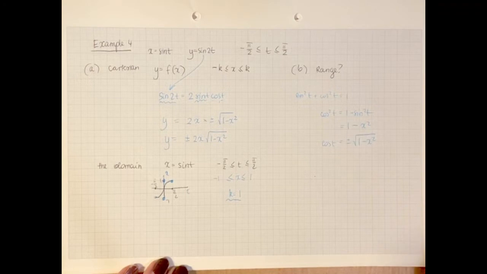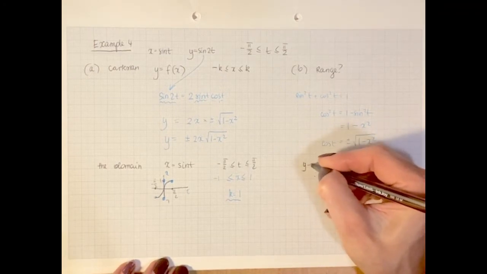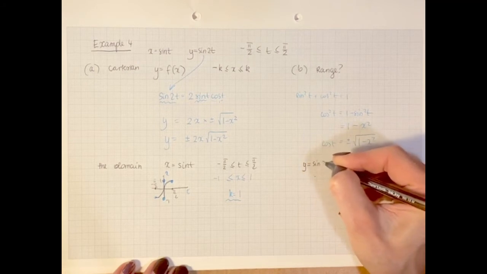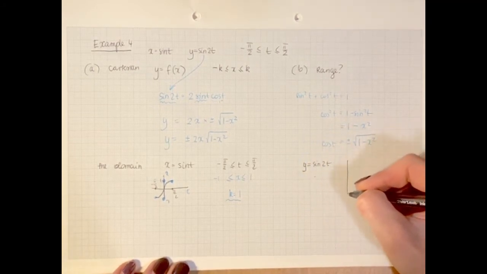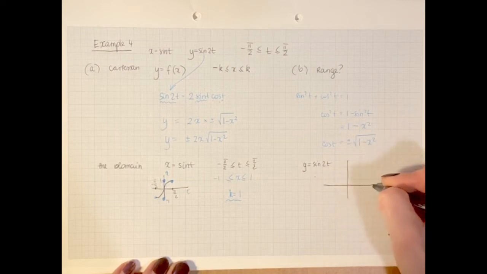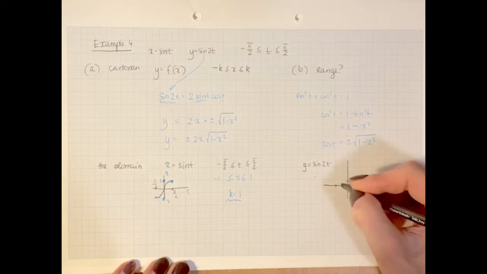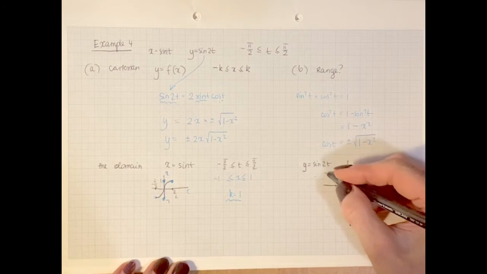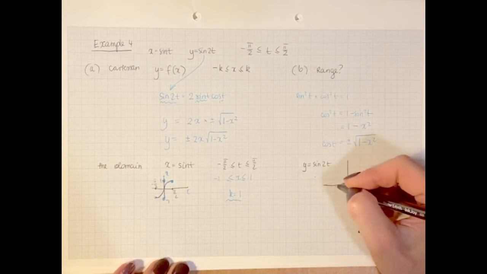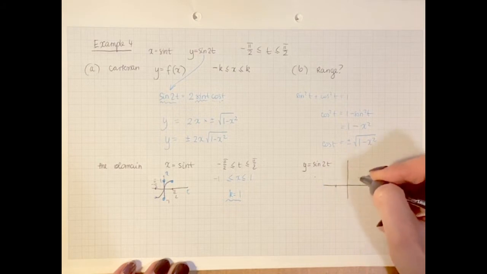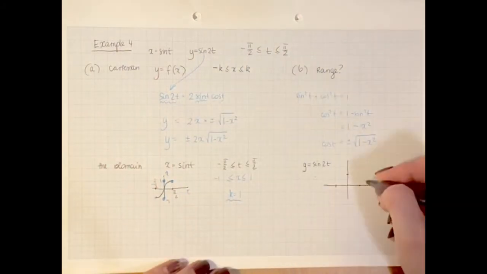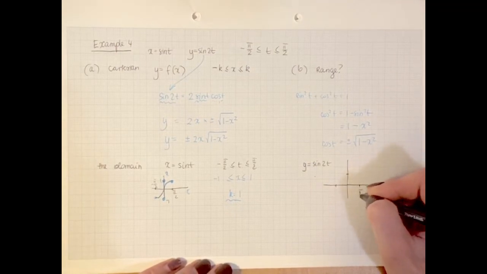Okay. So what about the range? The range is of y equals sine 2t. If I were to consider this graph, t is between minus pi over 2 and pi over 2. Normally sine t would reach 1 at pi over 2, but because it's squashed, that would happen at pi over 4.